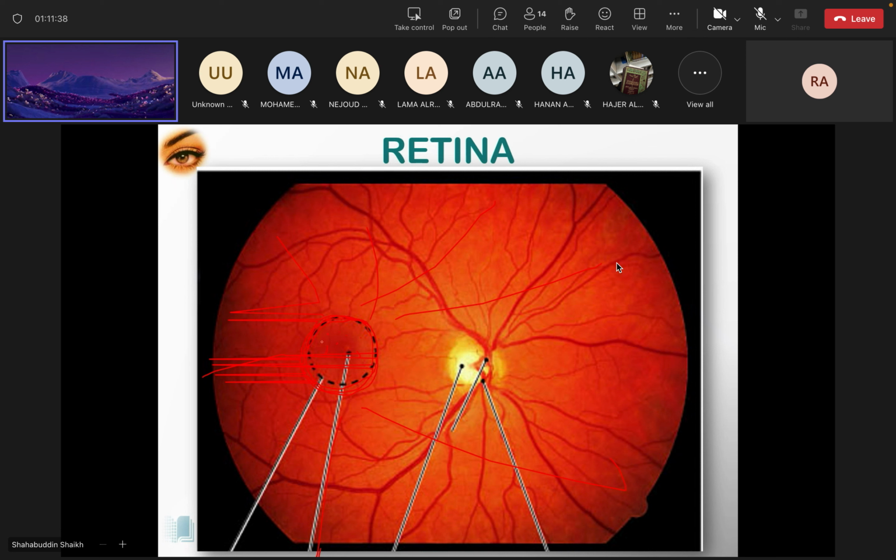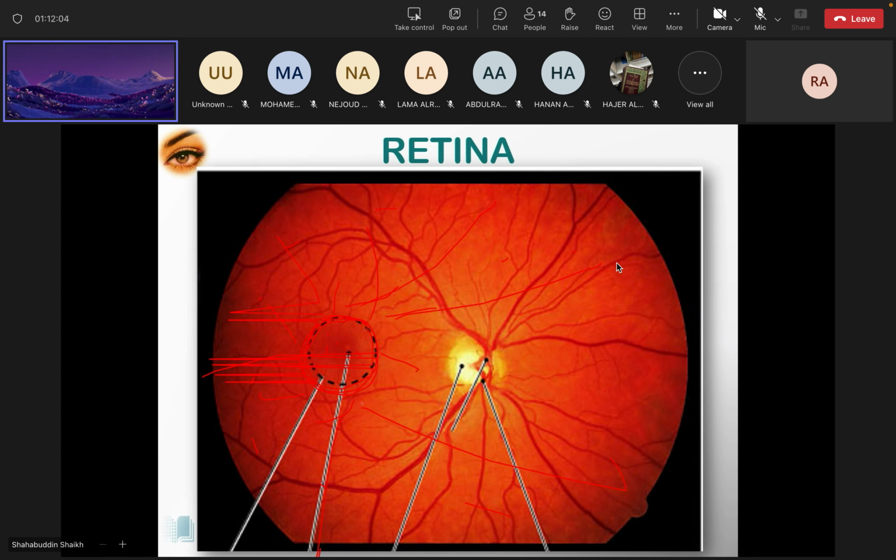Any light falling in this area, the person will be able to see better as compared to light falling anywhere else, because there are fewer receptors in the periphery. As you go away, the number of receptors decreases. So the macula is a region with more receptors than any other part of the retina.